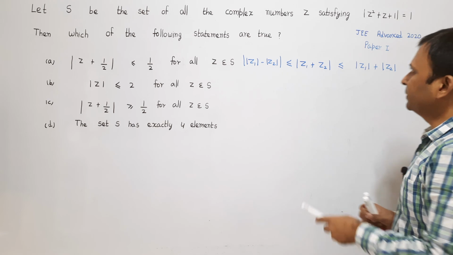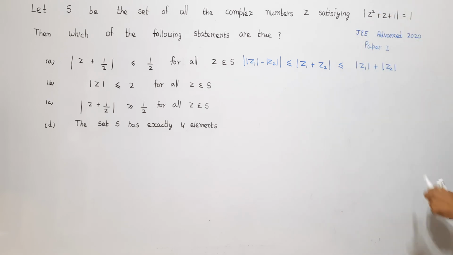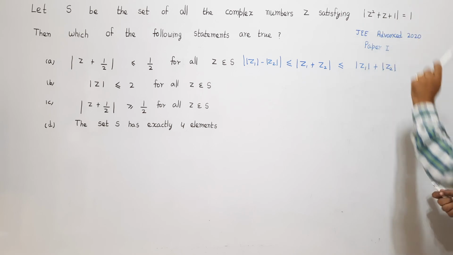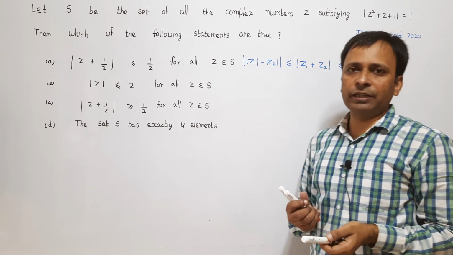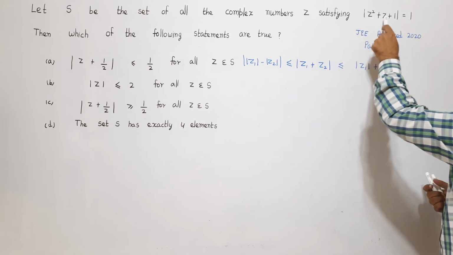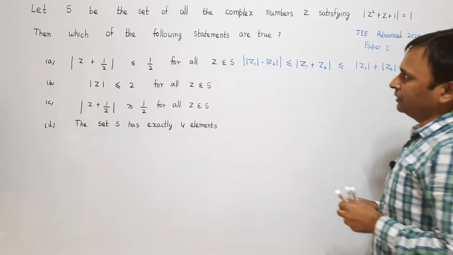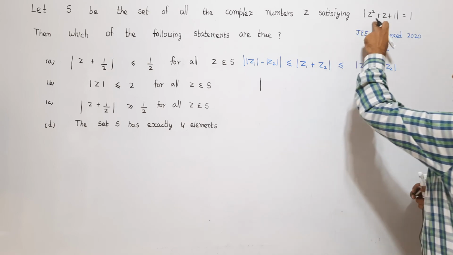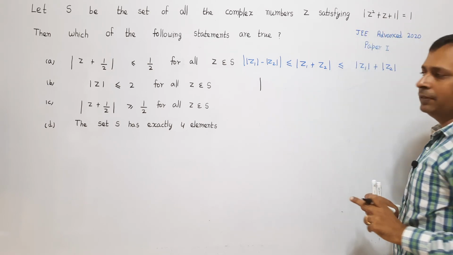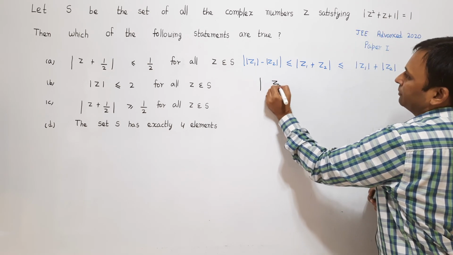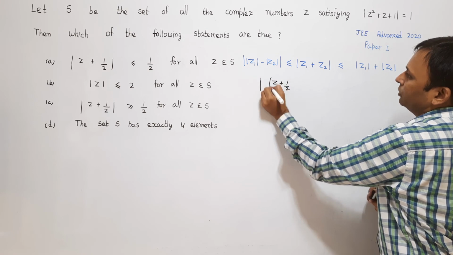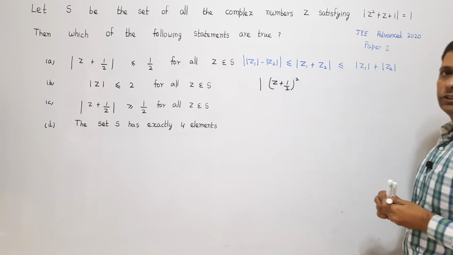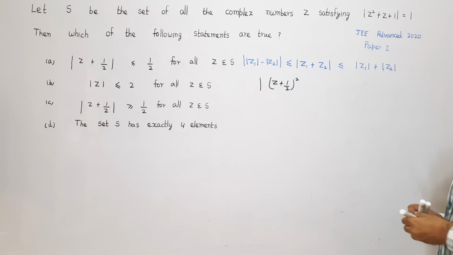Now I need to express this value in terms of Z1 plus Z2. So how will I start it? If I use the squaring method which we have learned in the quadratic equation, I can write modulus of Z square plus Z plus 1 as Z plus 1 by 2 whole square, which is Z square plus Z plus 1 by 4.